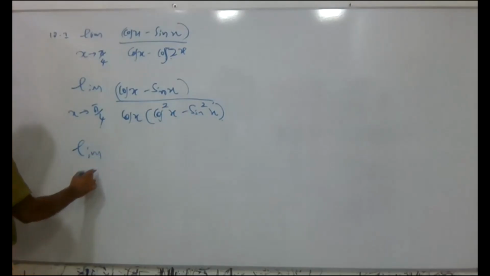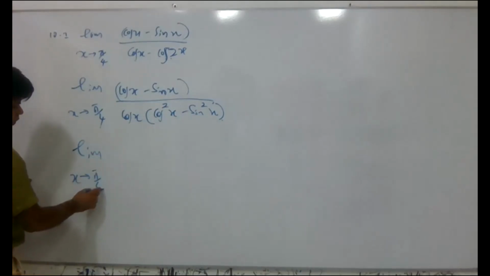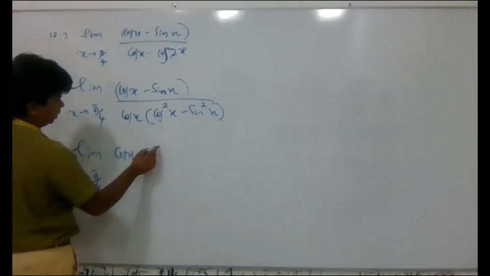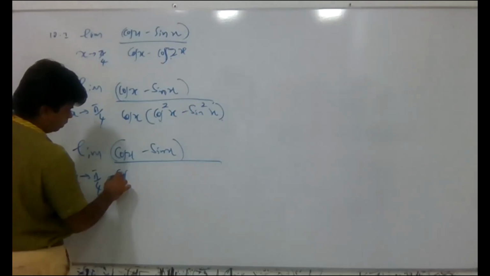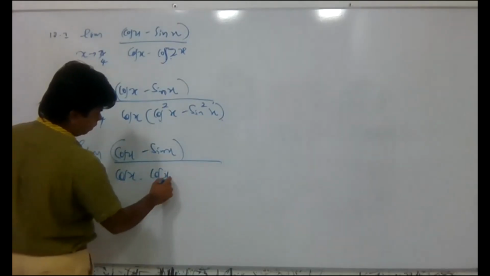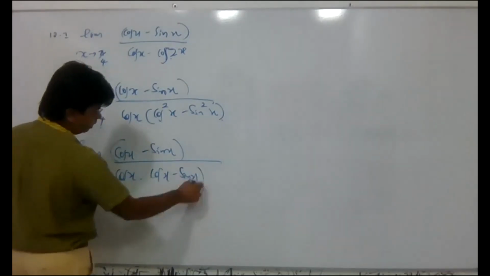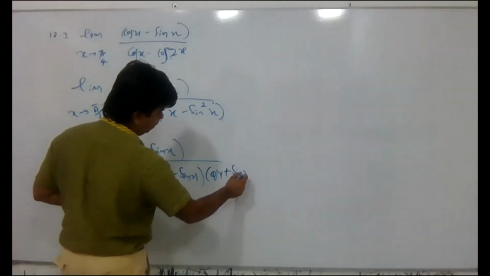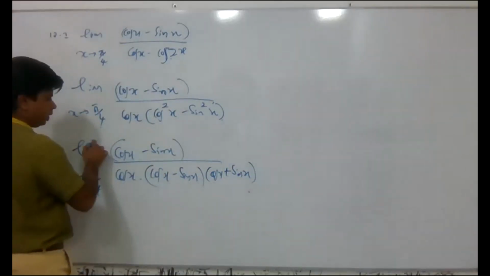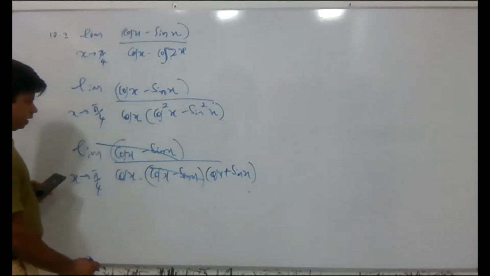That means limit x goes to pi by 4, you can write cos x minus sin x, right? And divided by cos x times cos x minus sin x and cos x plus sin x, by the factors of difference of 2 squares, right? Then these two cancel, right?